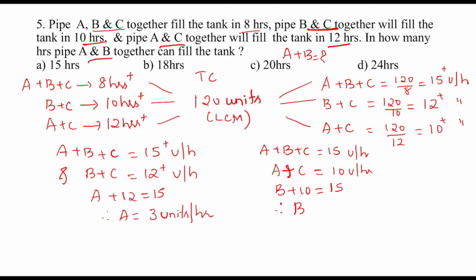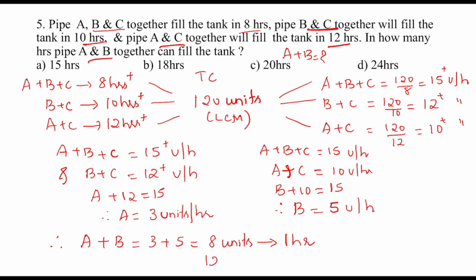Therefore, B is equal to 15 minus 10, which is equal to 5 units in 1 hour. So, A and B together, how much will they fill? 3 plus 5, which is equal to 8 units in 1 hour.